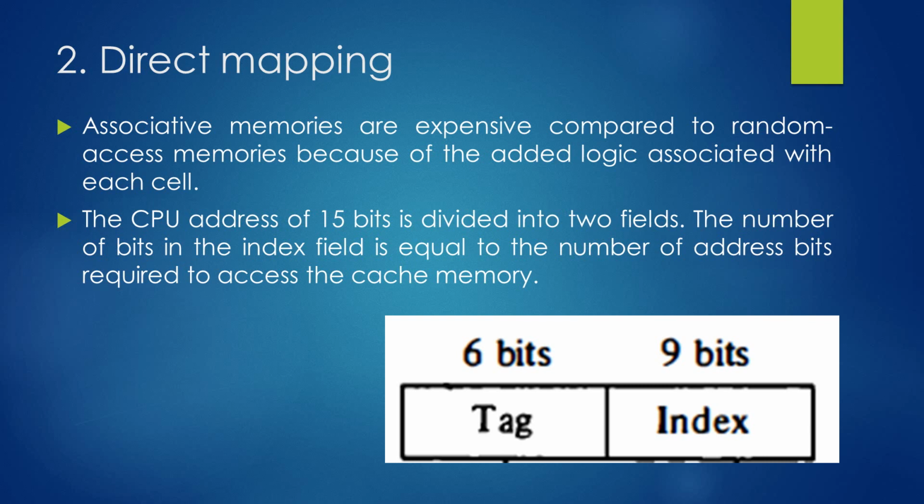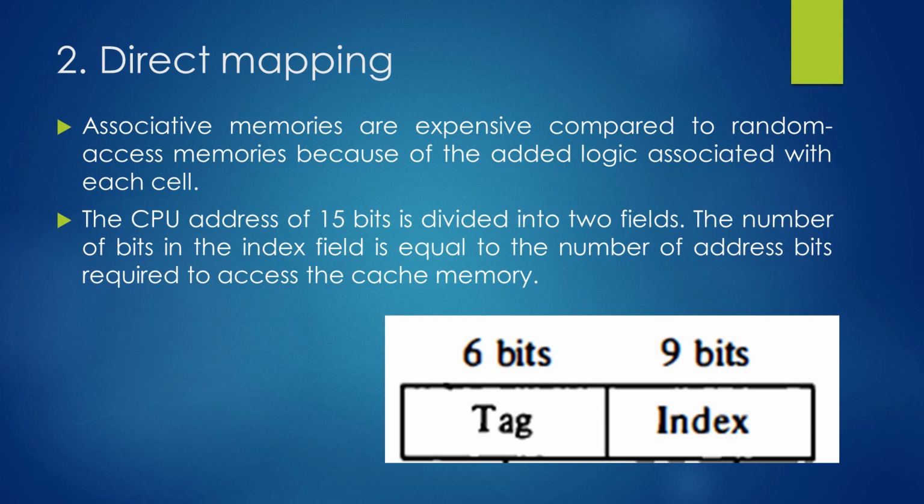Now the CPU, whenever it refers to something, uses a 15-bit address. So these 15 bits are divided into two parts. The first part is known as tag and the other part is known as index. The tag is of 6 bits and the index is of 9 bits.